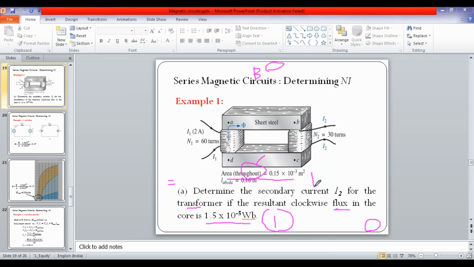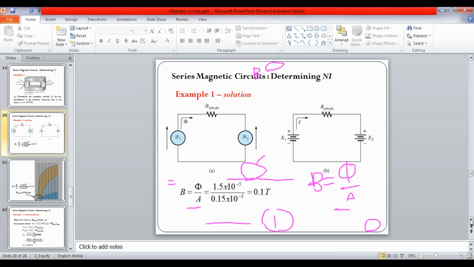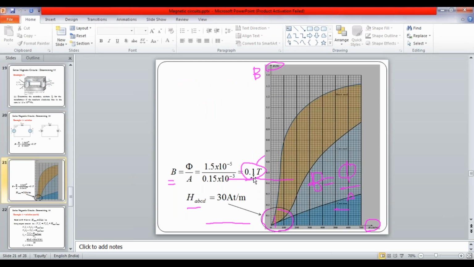So B is equal to flux by area can be calculated. After calculating the flux density, I got a value of 0.1 Weber per meter square.